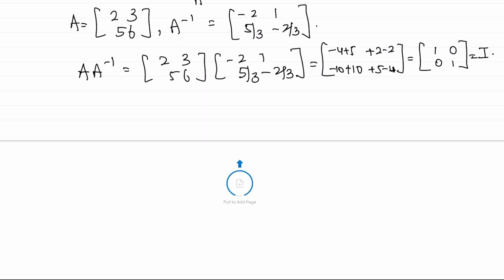What we have done is for a 2 by 2 matrix. We can even extend this to any square matrix.